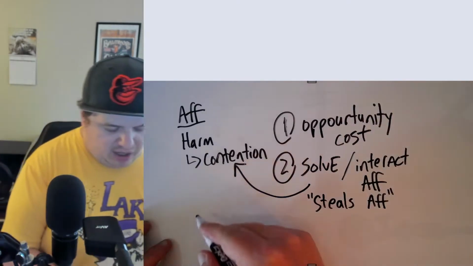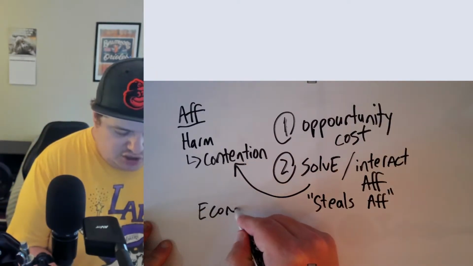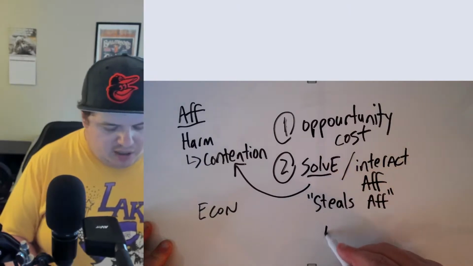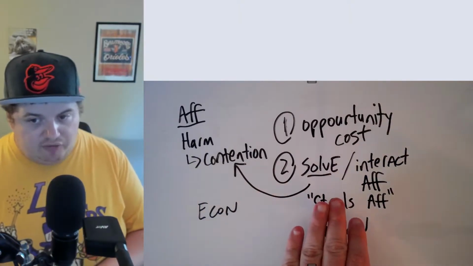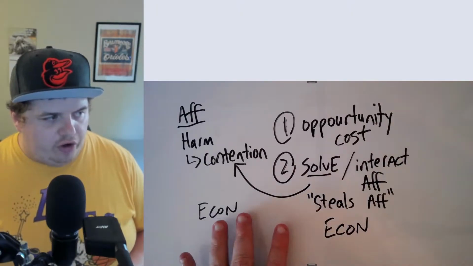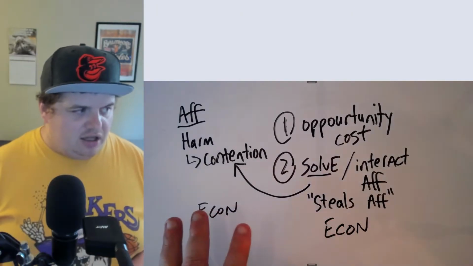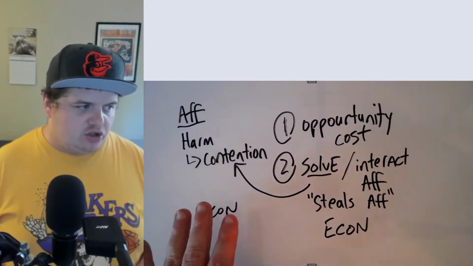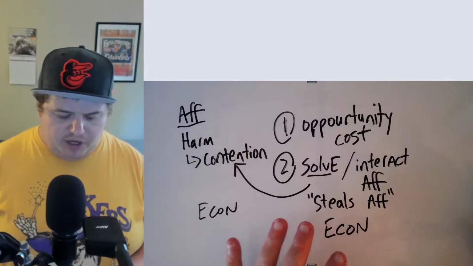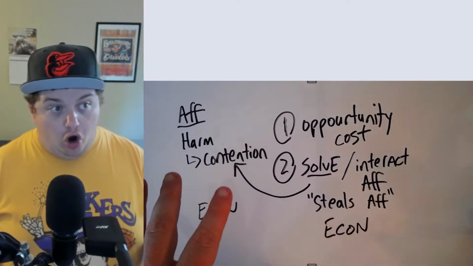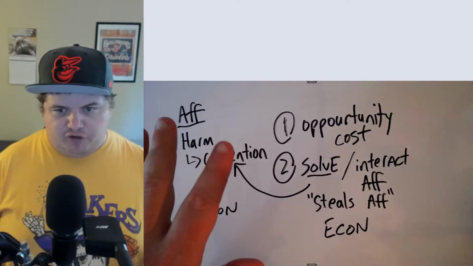They're like, okay, you read an economy contention, we're going to read a counterplan that does that same thing. So, on one level, they're going to try to solve for the same things that the affirmative is trying to solve for. Now, that doesn't necessarily have to be the case, but most counterplans are going to try to solve for all or at least part of the affirmative in the case.